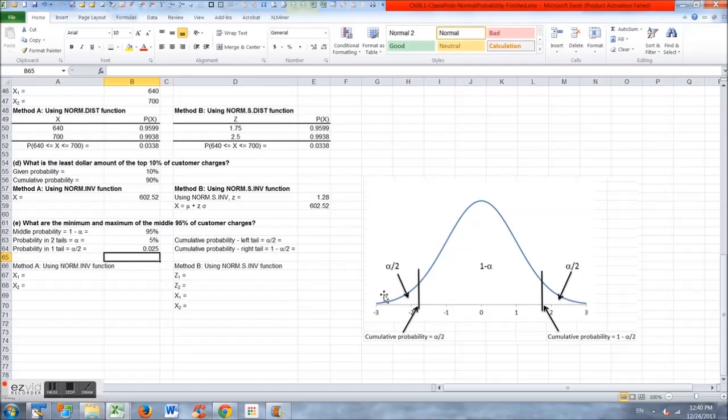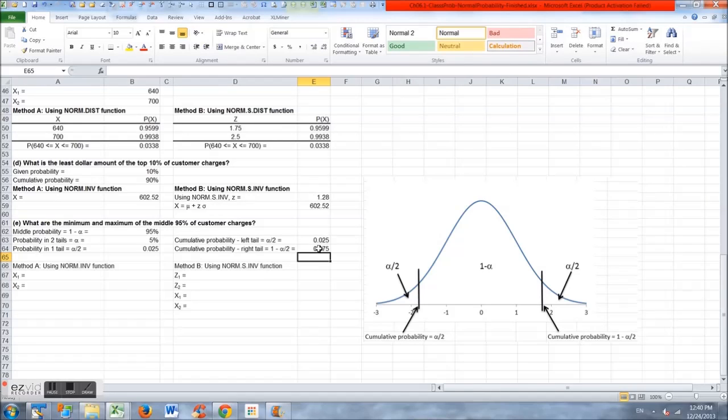So for the left side tail, the cumulative probability is just alpha over 2, and the cumulative probability for the second point is 1 minus alpha over 2.